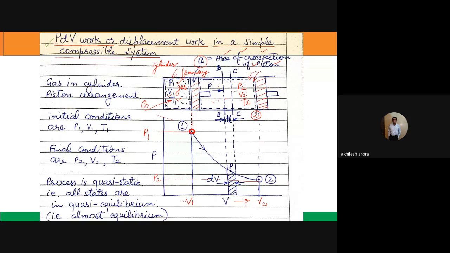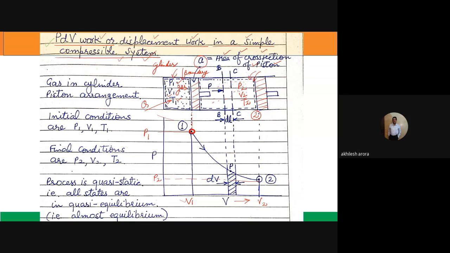Now what we are going to calculate is the PDV work. You can read it here, PDV work or displacement work in a simple compressible system. When I say simple compressible system, it means either it is a piston cylinder arrangement or such a system for which the boundary is flexible.